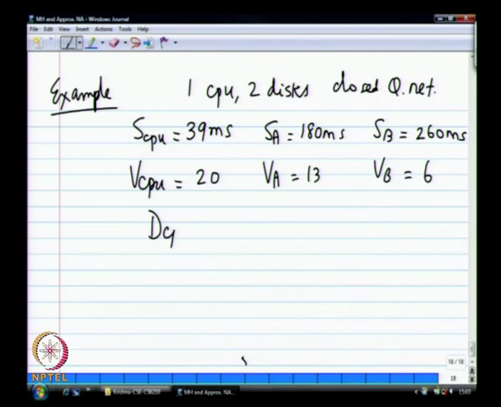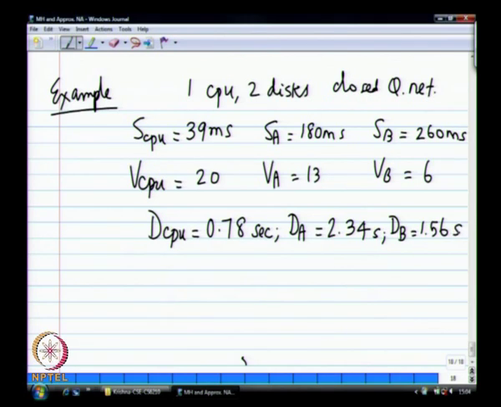So your d_CPU is now, this is in milliseconds, so we will just put everything in seconds. d_A is 2.34, so everywhere there is some 13 hiding. So let alpha be 0.78.